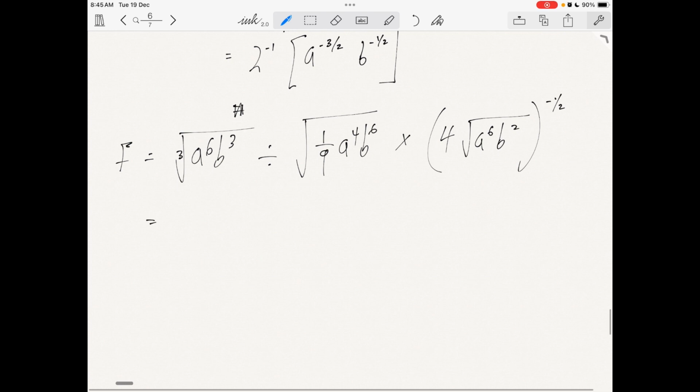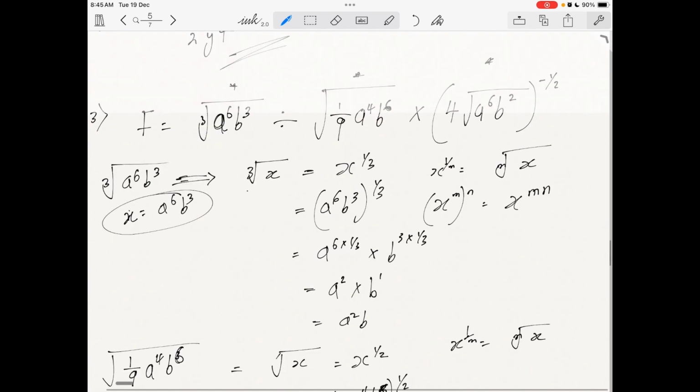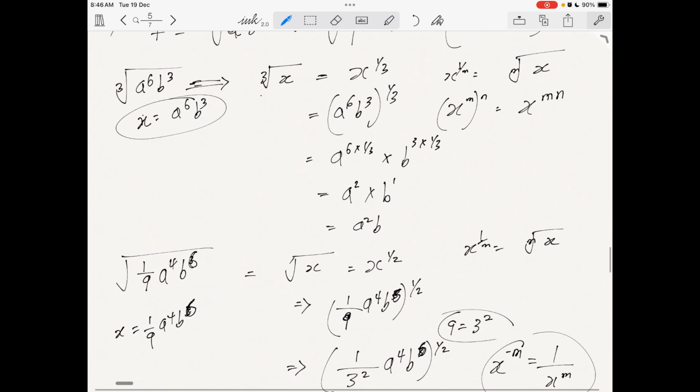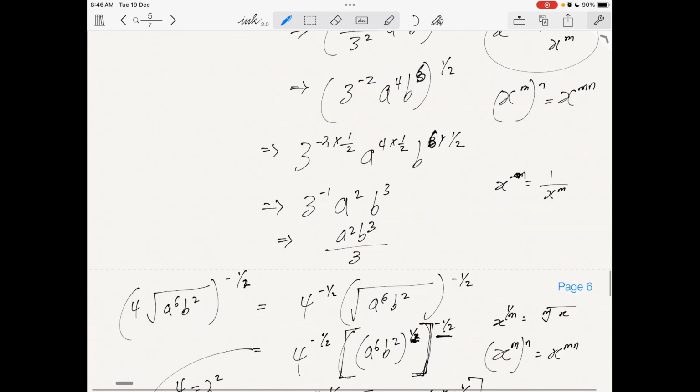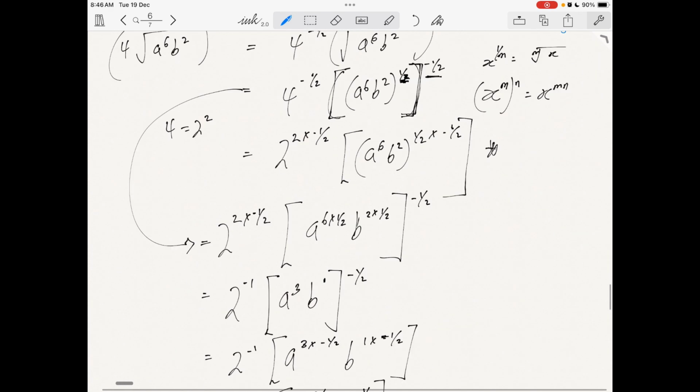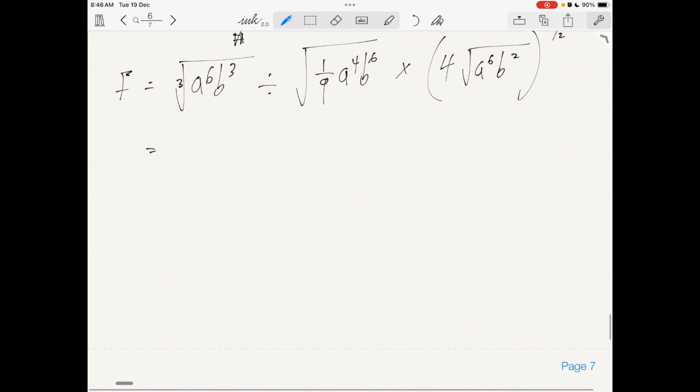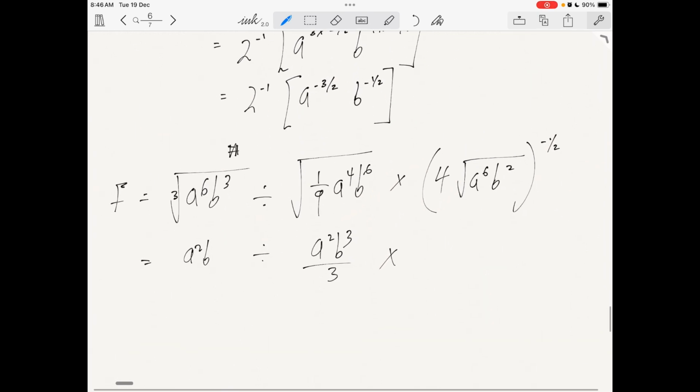Now, having solved this before to give us a squared b, and we've solved these also to give us a squared b cubed over 3, this will give us a squared b divided by a squared b cubed over 3, multiplied by this, which indirectly has 2 at the denominator. So that's 2.